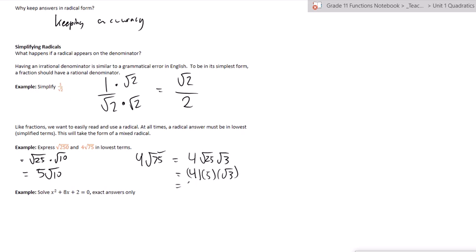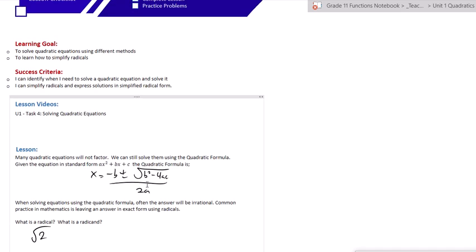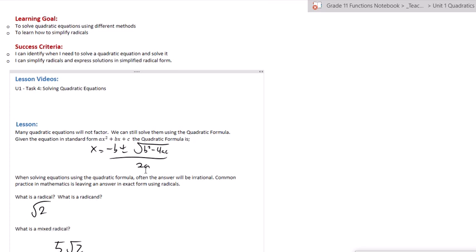And 4 times 5 is 20, and then root of 3. So it's all about simplifying the coefficients of the radical with any numbers you're able to break apart or take out of the radical itself. This comes in handy when we're solving quadratic equations, because the quadratic formula has a root sign. We're going to get radicals in this.